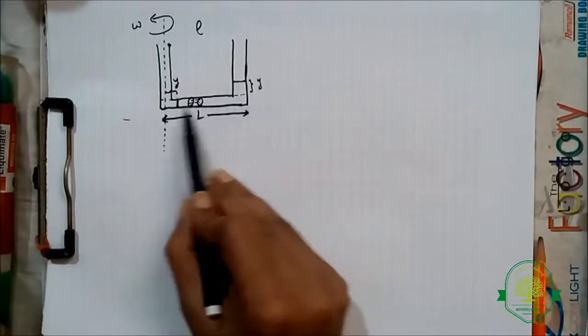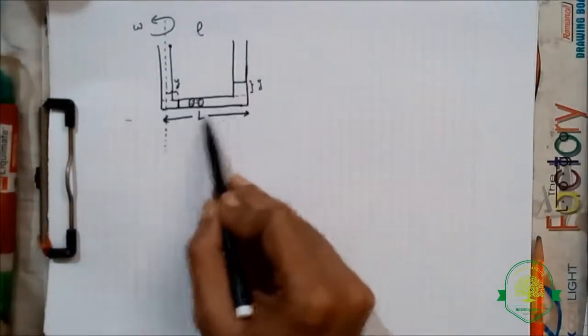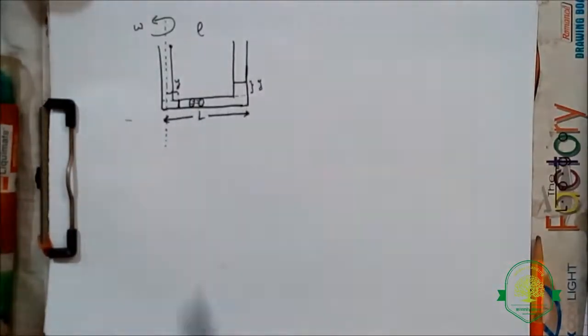So this much length is actually L minus y. The column of liquid that we have will retain the same length y.